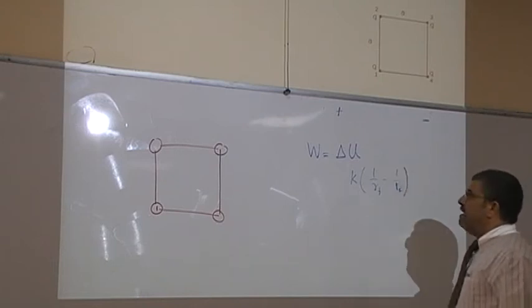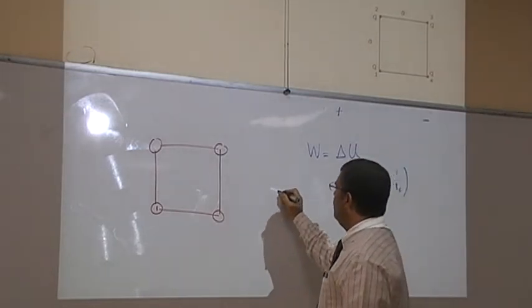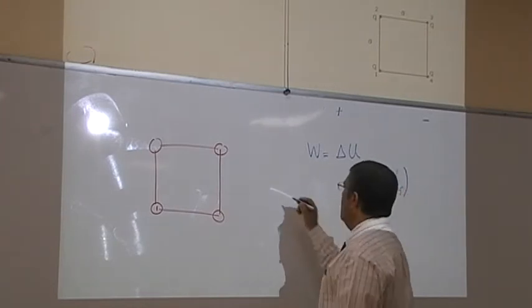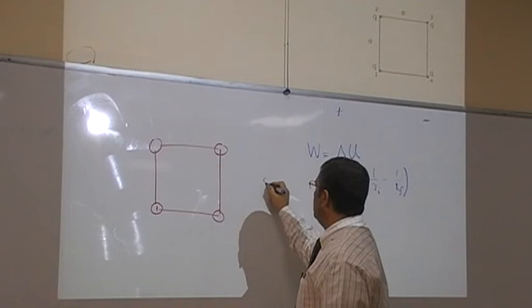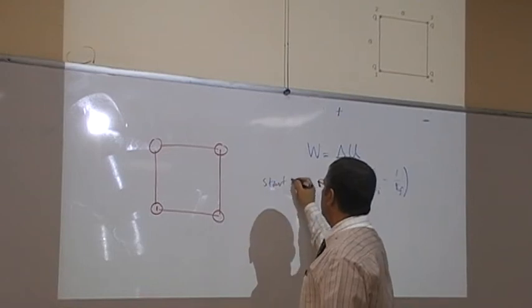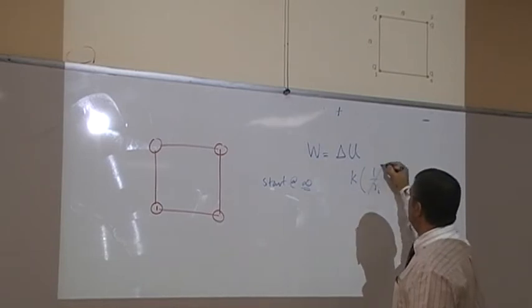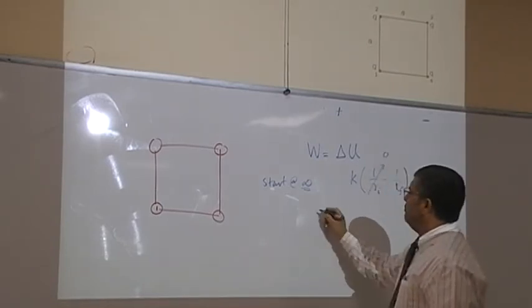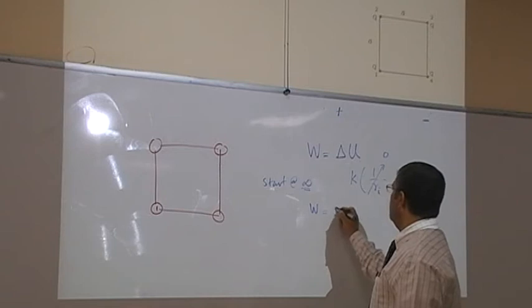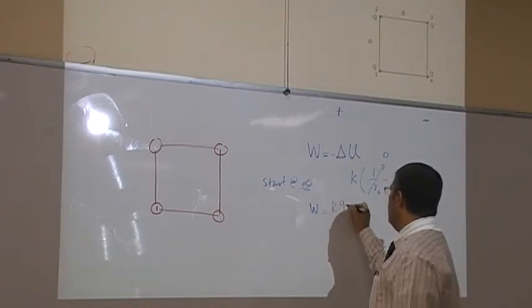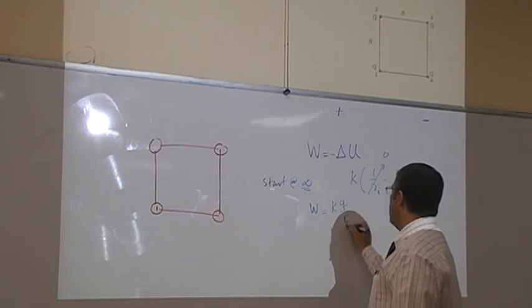So if I start at infinity, meaning what? Meaning the initial will be equal to 0. So that means my work will be equal to simply K, Q, right? And then over R final.